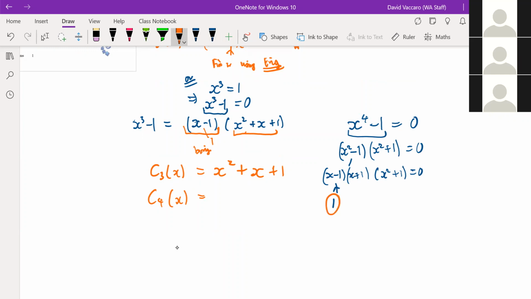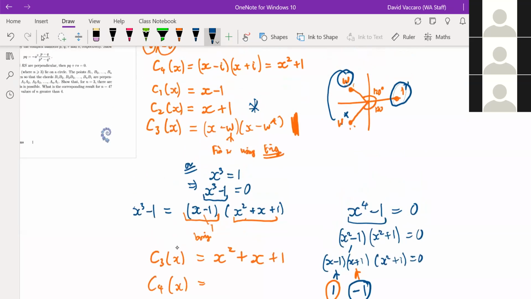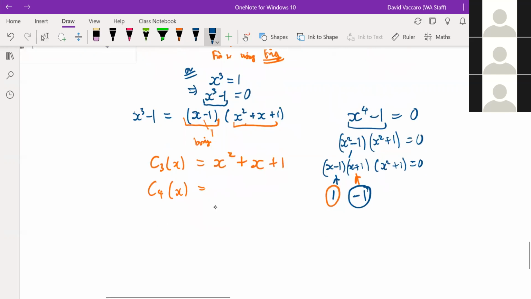Yeah, it's a boring root. X plus 1, that's got root negative 1, but that's not a fourth root of unity. That's a square root of unity. Okay, the remaining polynomial has the primitive fourth roots of 1, i and minus i. So c4 of x is x squared plus 1, which is what we found earlier.